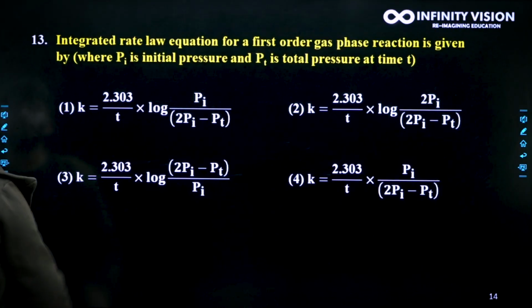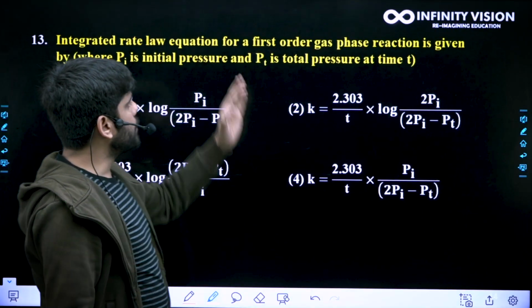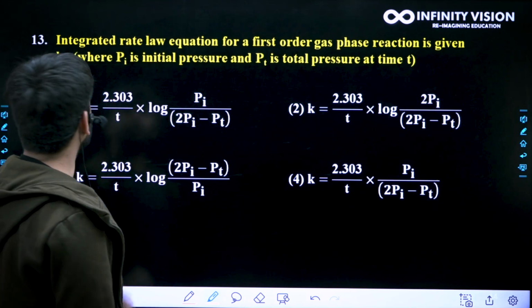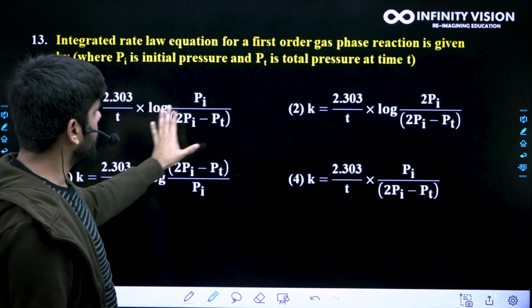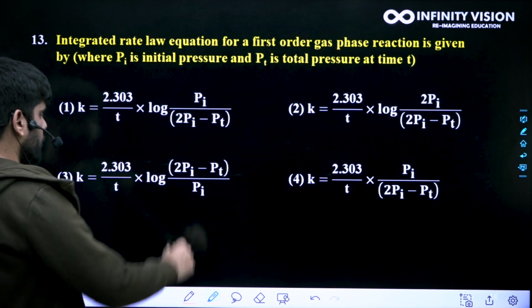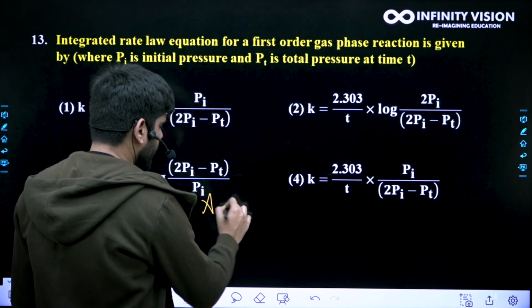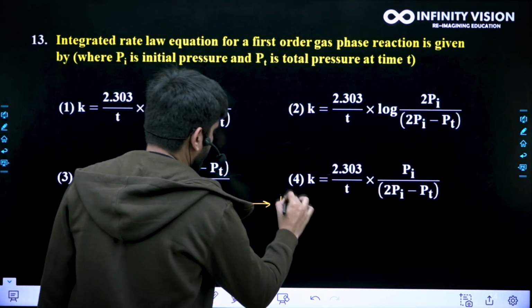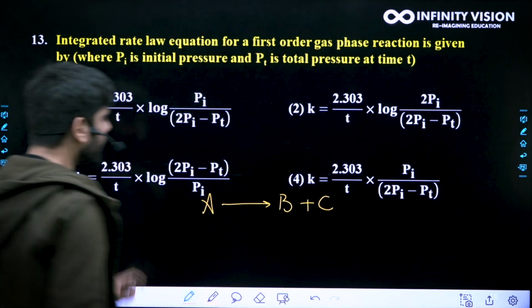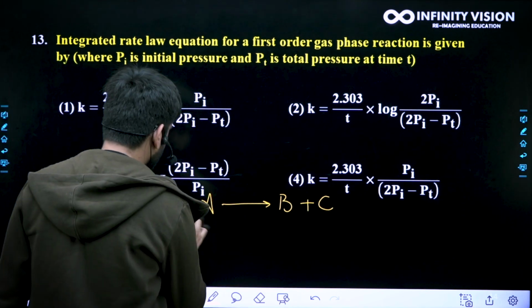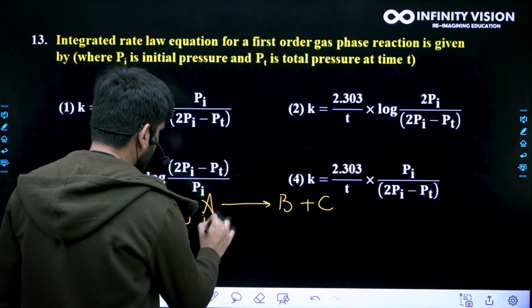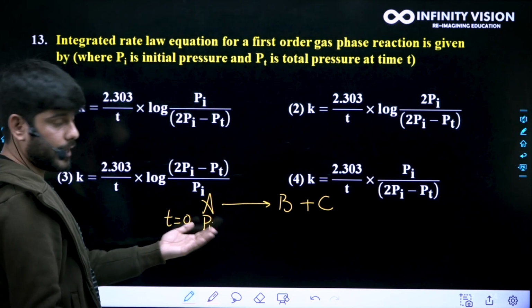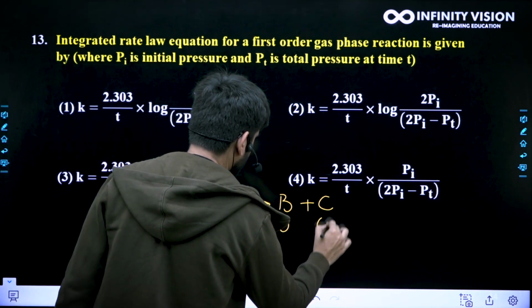The next question is, the integrated rate law equation for a first order gas phase reaction is given by this. Let us take an example that A is giving you B plus C. At time t is equal to 0, we are starting with the pressure Pi, and 0 and 0.